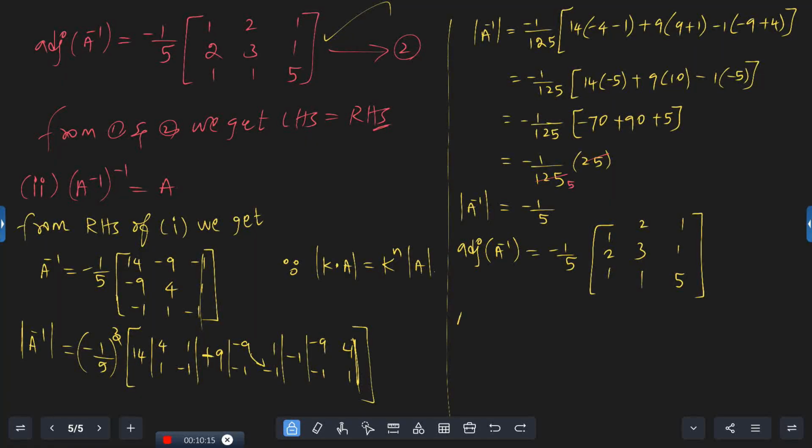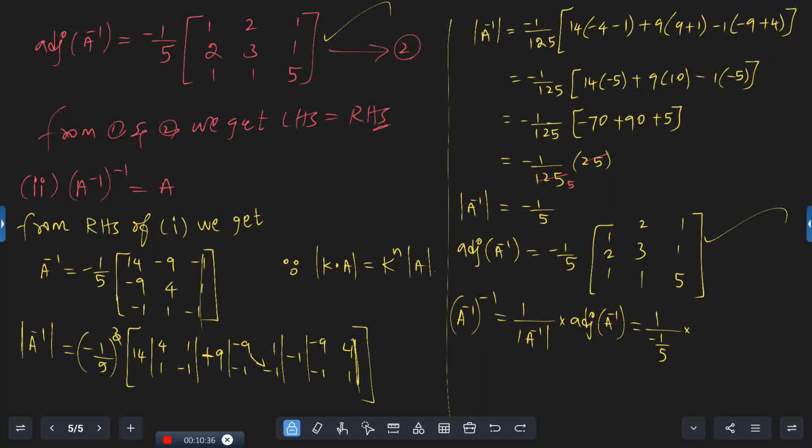Then A inverse, the whole inverse, is equal to 1 by determinant of A inverse into adjoint of A inverse. So what is my 1 divided by determinant of A inverse? Minus 1 by 5, into adjoint of A inverse.